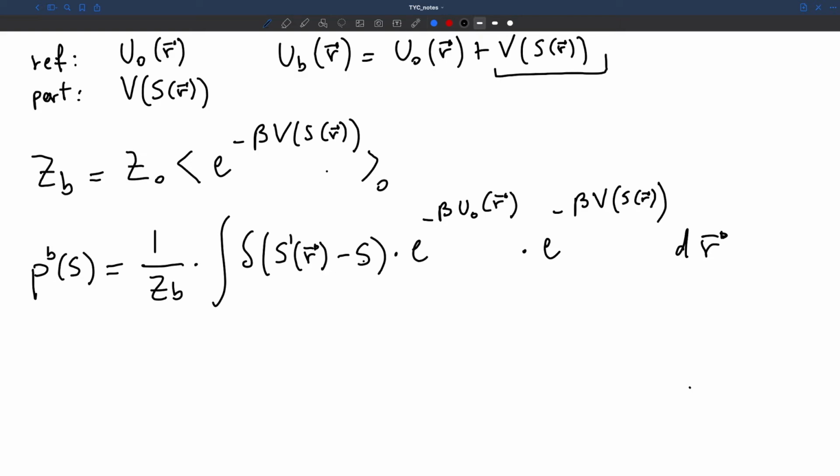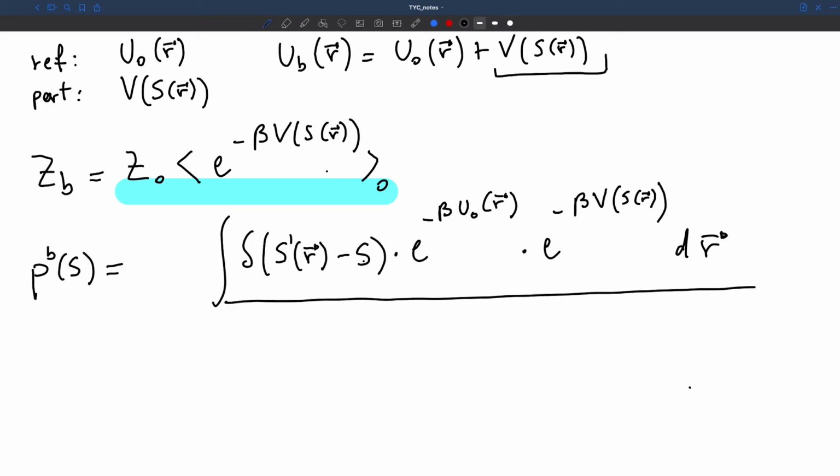Now, if we take this expression that we just obtained from perturbation theory and use it here, we can rewrite this equation like this.